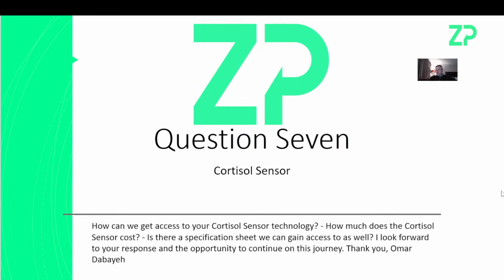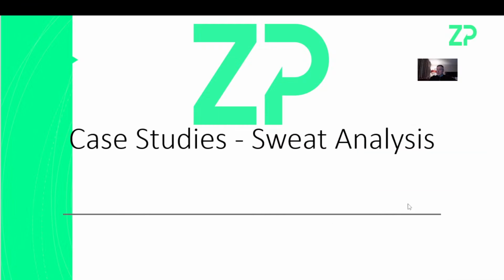YouTube streaming. The cortisol sensor is something that we do have, but unfortunately we only make it available through projects with clients. It's a very valuable sensor, and it's very nuanced. You really need to be involved quite deeply with that client.